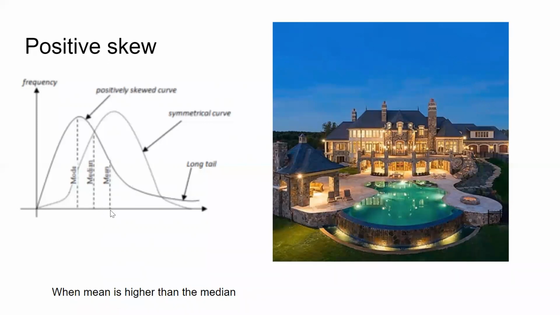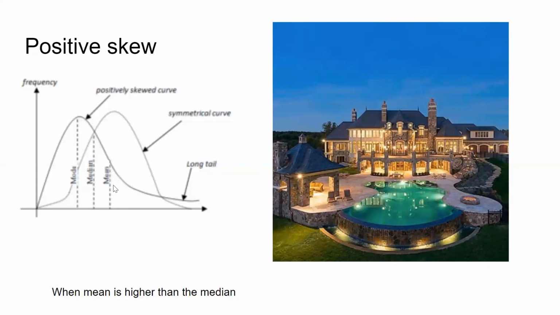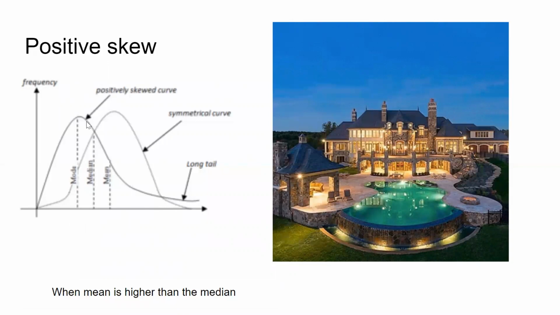So you have more houses that are pretty medium-sized and fewer houses that are like these rich mansions, okay? That would show a positively skewed distribution because you have a smaller number of houses on the high end and more houses in the medium area of around $150,000. I'm totally making this up.